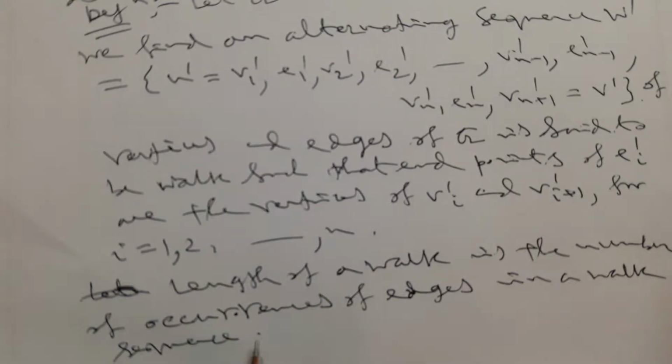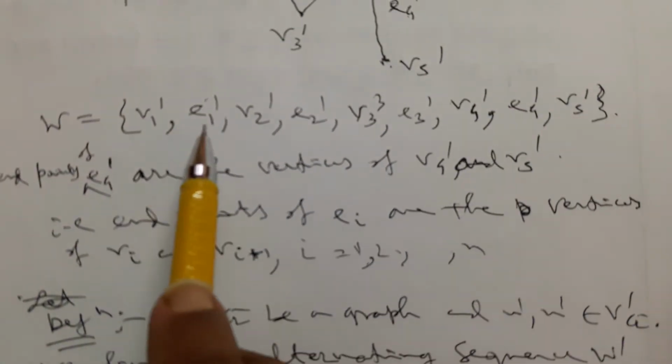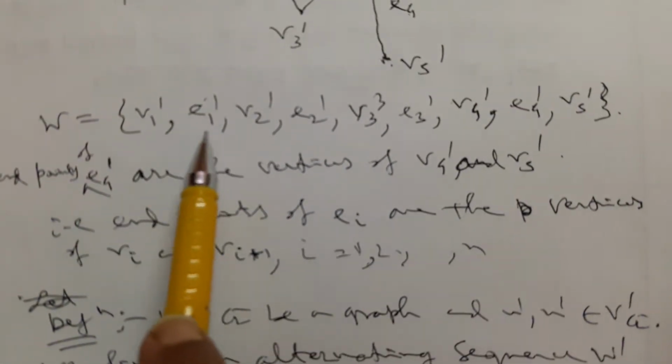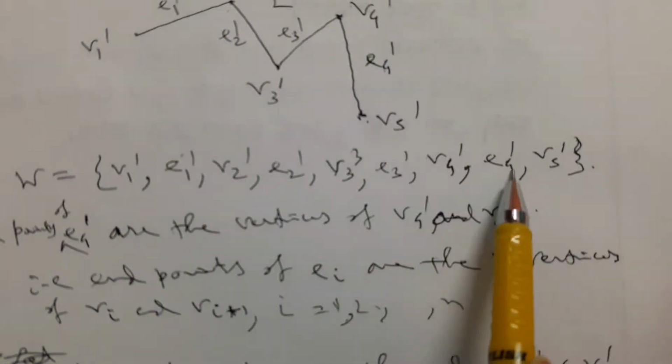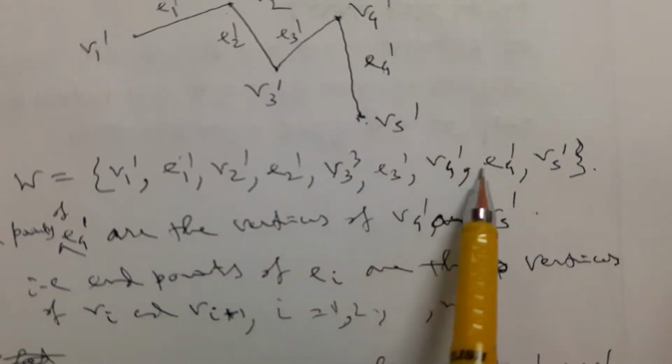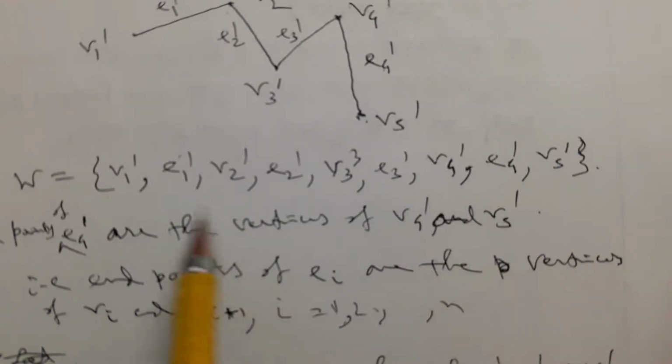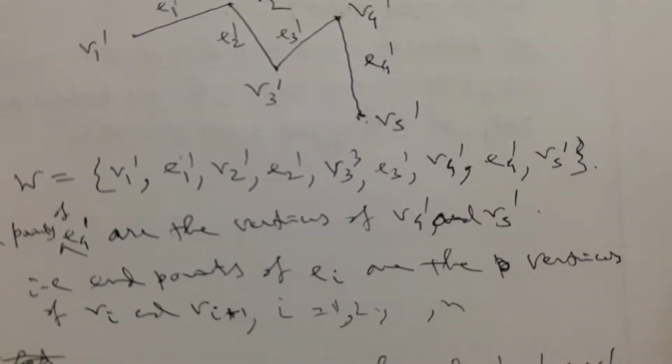So here, how many edges are there in this given picture? 1, 2, 3, 4. So the length of the walk is 4.